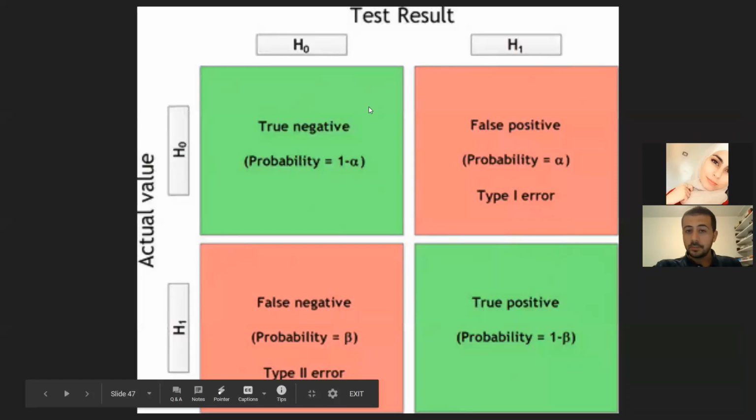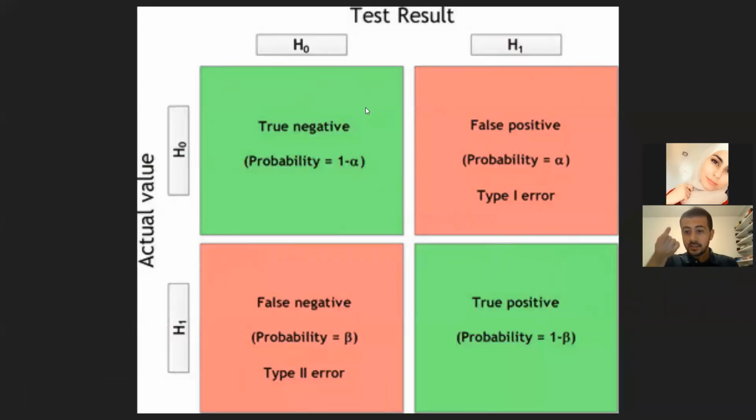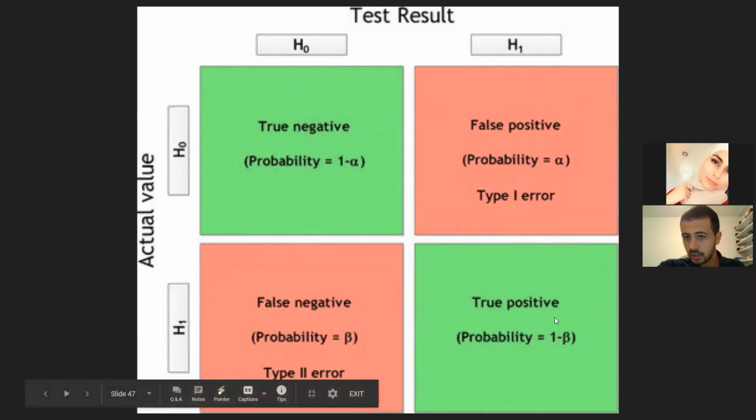So when this statistical test gives me the number, this number actually applies to these types of error. So I still might have that error. For example, if this number tells me that I can reject the null hypothesis, then I reject the null hypothesis and I accept the alternative hypothesis.